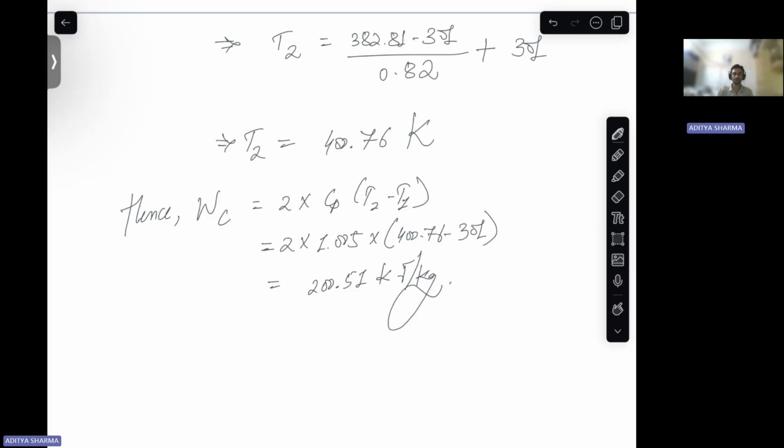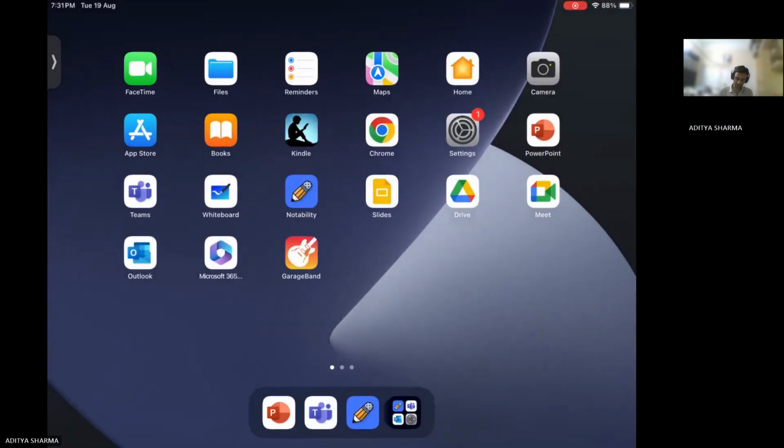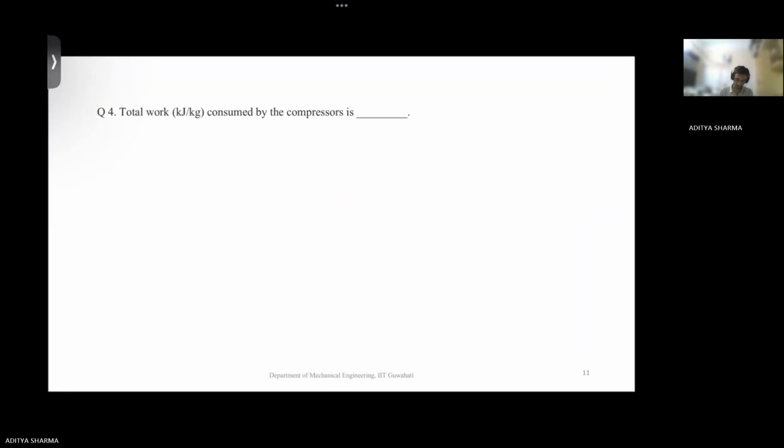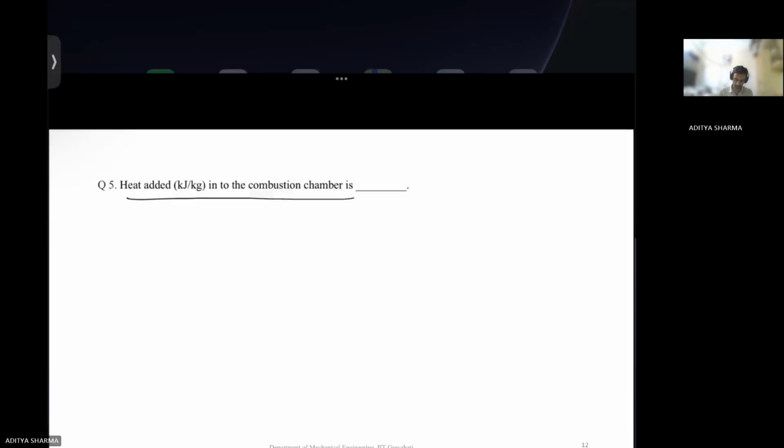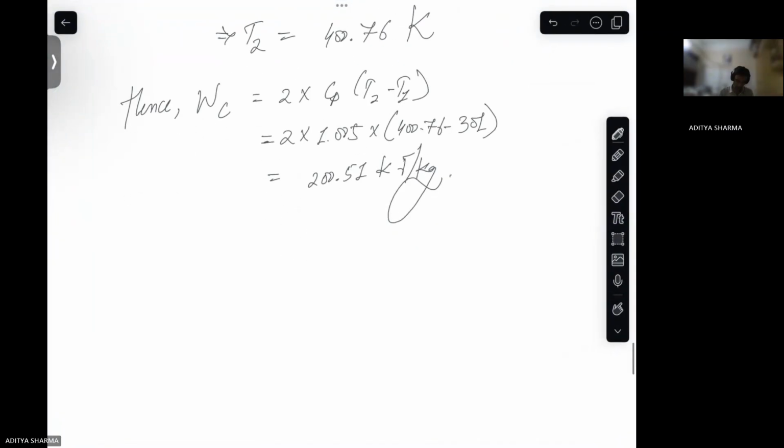Then question number 5. What does it say? Heat added in the combustion chamber. So Q in we need to find out. Question number 5. Solution. Heat added in combustion chamber.